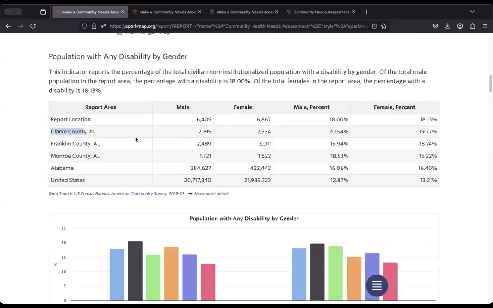So we can see here in Clark County, we have a pretty even distribution. We can see that in Monroe County, we have a pretty even distribution. But it does seem like in Franklin County, there is a bit of a slight difference, right? About 500 or 600 people or so that are female that have a disability compared to males.